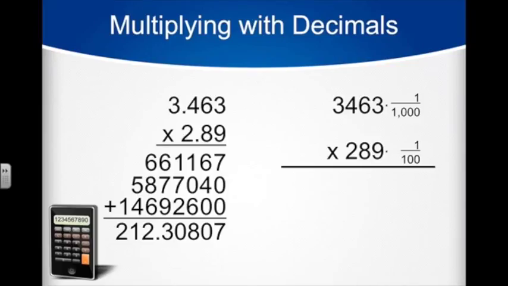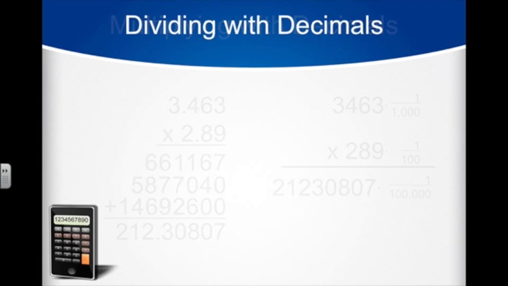Now when we multiply, we still get the 212,30807, but it's multiplied by 1 100,000th. That's where the 5 decimal places come from, because 1 100,000th is like dividing by 10 to the 5th power, which moves our decimal place over 5 places.